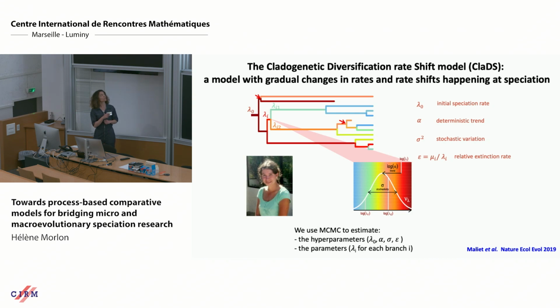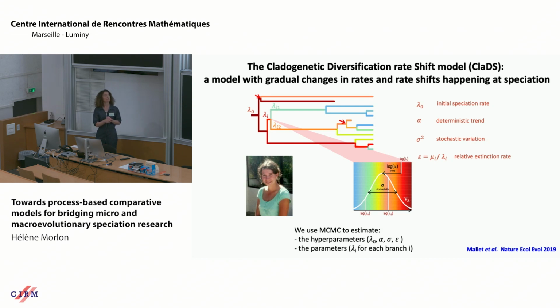We have the ancestral speciation rate here, and when we arrive at node i, we draw the rates of the two daughter lineages from this log-normal distribution, which is parameterized on the ancestral rate, lambda i, and there is a trend component parameterized by the parameter alpha, which allows for a temporal trend in the speciation or extinction rate. It can either increase or decrease.